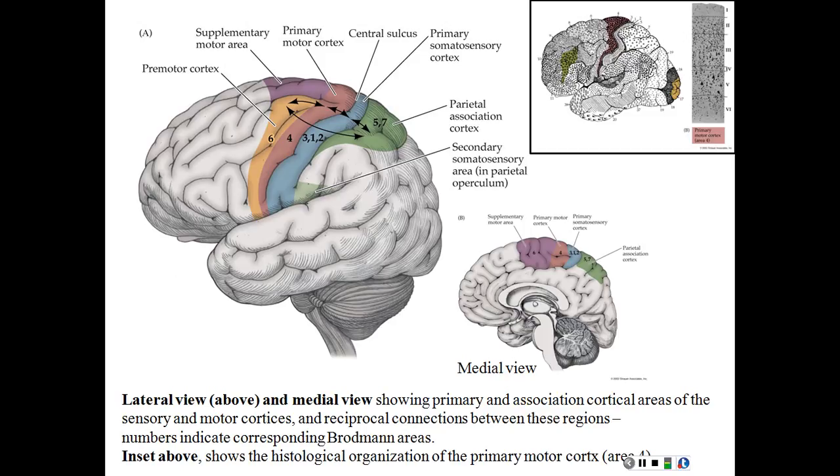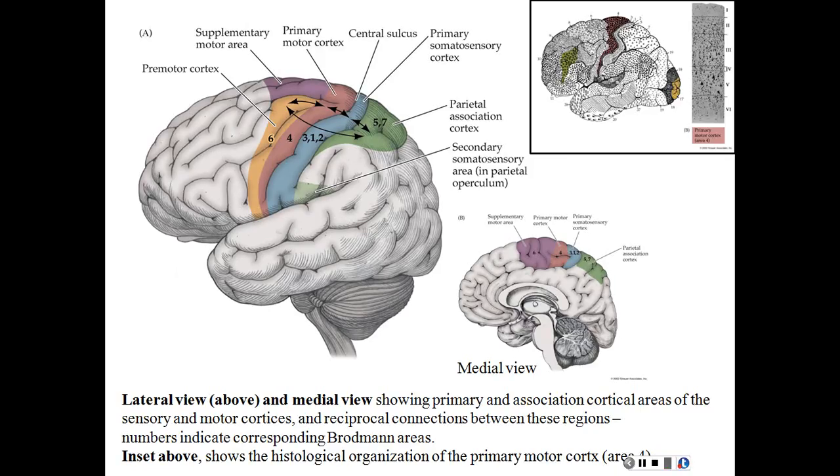And in fact, if you look at the medial aspects, so we did the sagittal view, we did a cut here of this structure, and we actually look medially, we can still see some of the primary motor cortex right there. So these are both medial and lateral views, and the major thing is we want to make sure we understand this primary motor cortex.